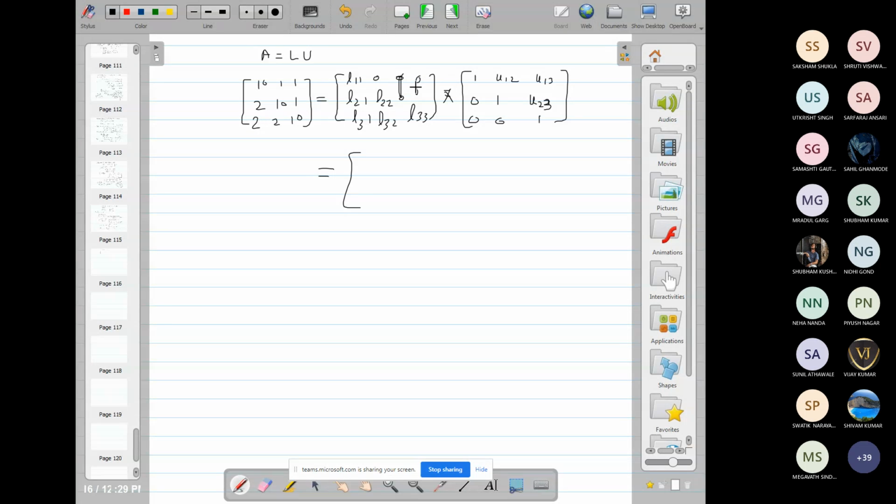So this is equal to multiplying L by U, the first row by first column, so we have L11.